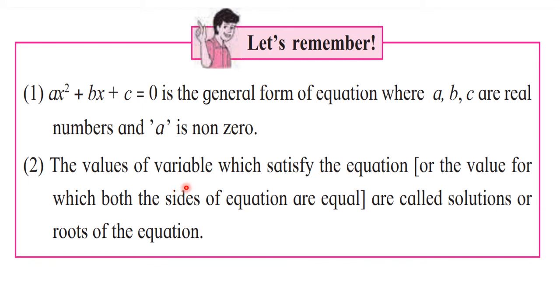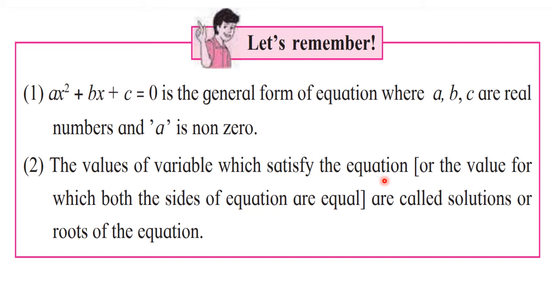So how can we define that? The value of the variable which satisfies the equation, or the value for which both the sides of the equation are equal. That means if left hand side is equal to right hand side, then we can say that that particular value of the variable, or values of the variable.